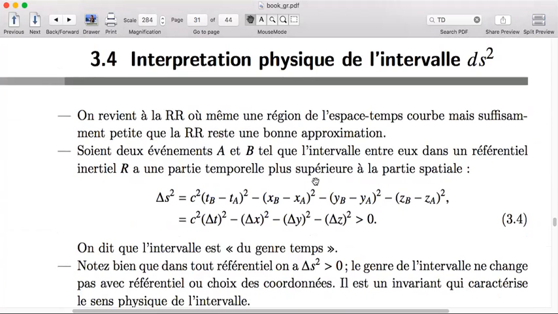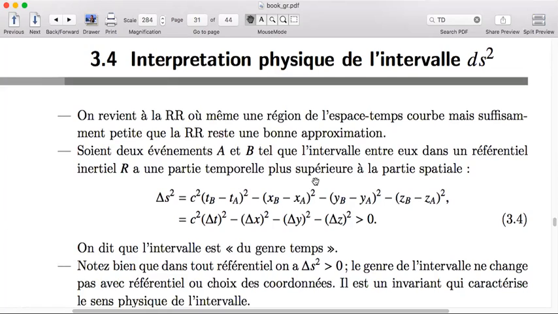And now I want to really make sure you have a physical understanding of what this ds squared is. We're going to look at it from different points of view. I started the class today by going back to the Euclidean plane, and then ds squared was just the infinitesimal distance between 2 points.